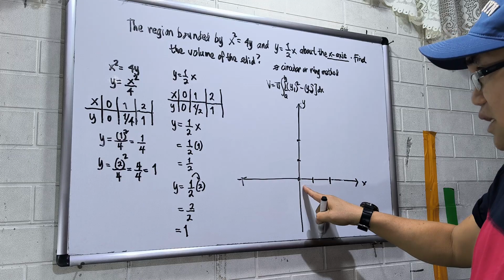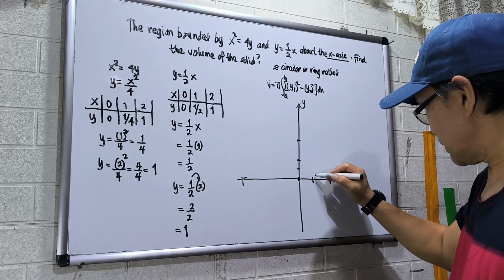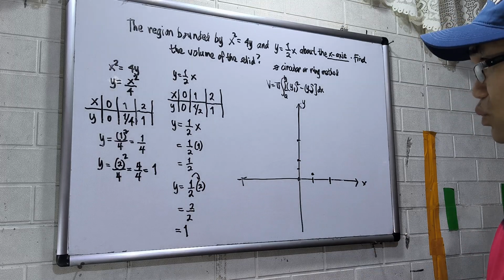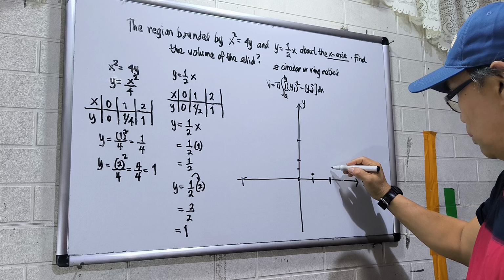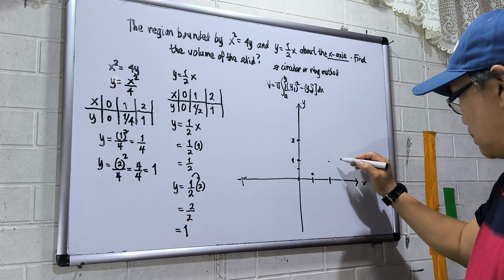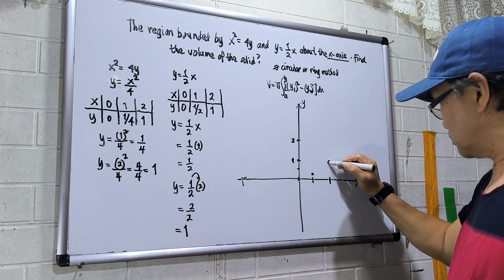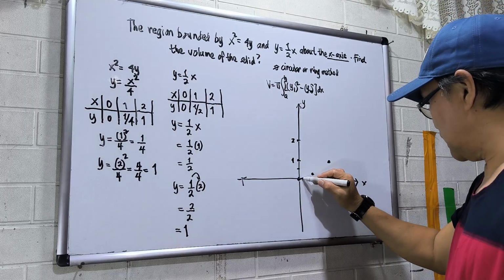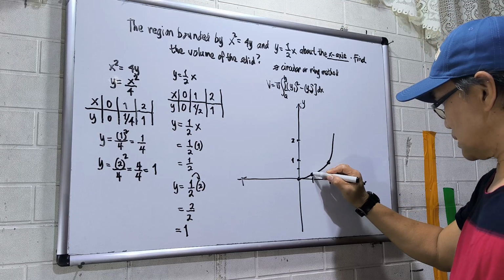So 0 is in here, 1 and 1/4, and 1 half. Then x is 2, then 1. Then I have this one. In here, okay, this is a curve.